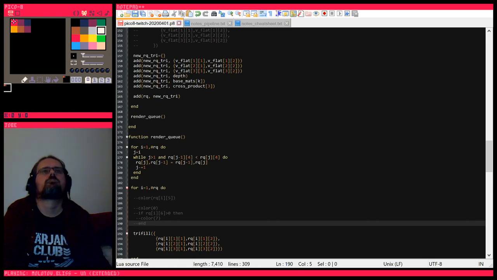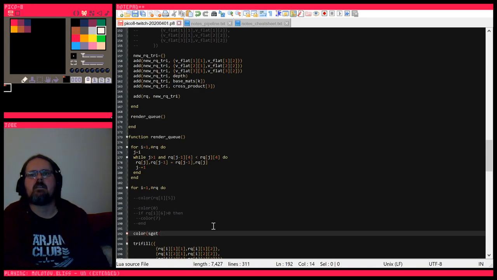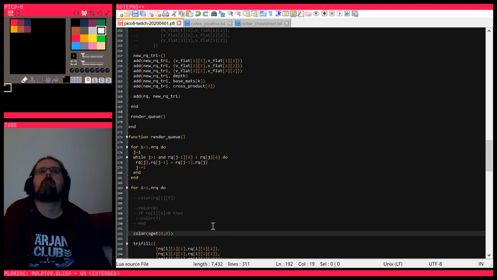So we're gonna define our color from the pixels in the sprite sheet, and we're gonna be doing that using the function sget. So sget x, y is gonna return the color of the pixel with that coordinate from the sprite map. So now it should draw everything as red.